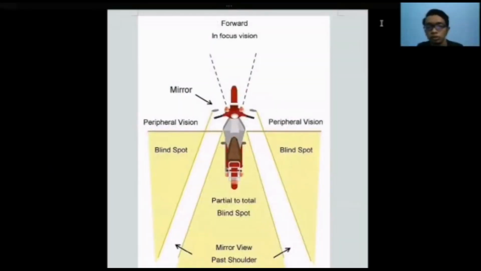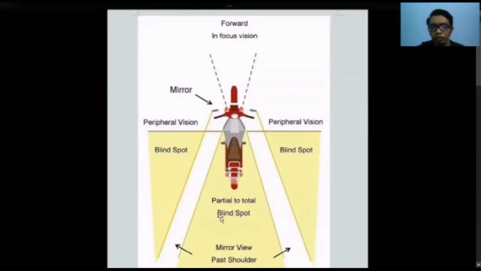Okay, as we know, the greater the vehicle, the greater the blind spot will be. So for a motorcycle, the blind spot is much smaller than for cars or any heavy vehicle. As you can see here, this is the part that the rider can see from the mirror, and this is the part that the rider cannot see, which we call the blind spot.